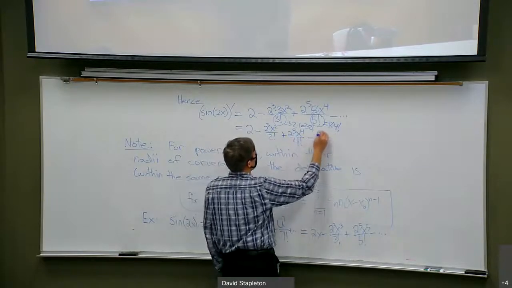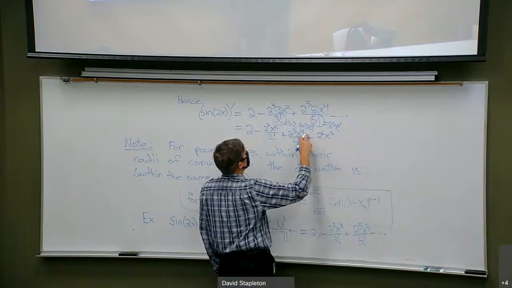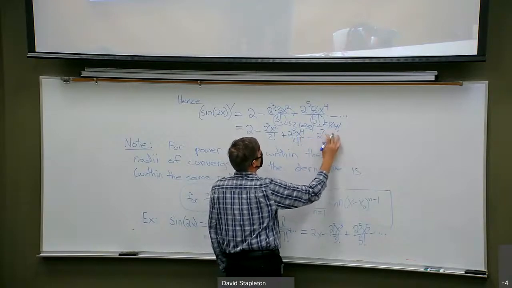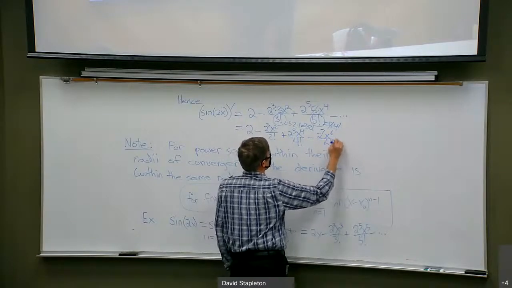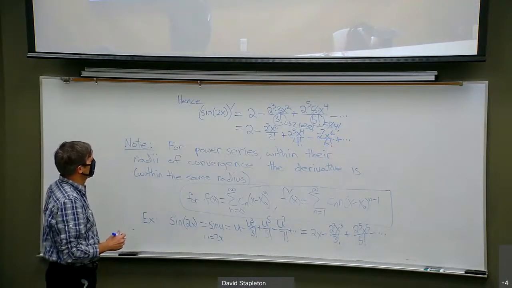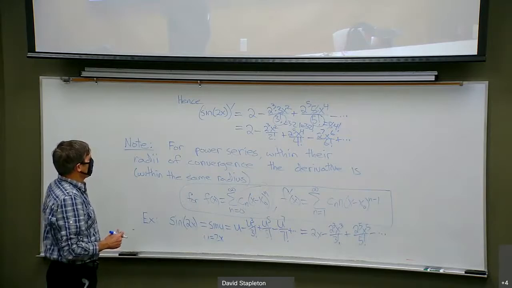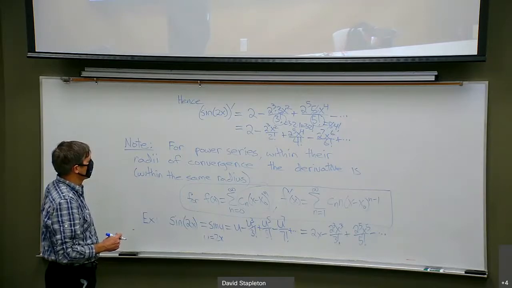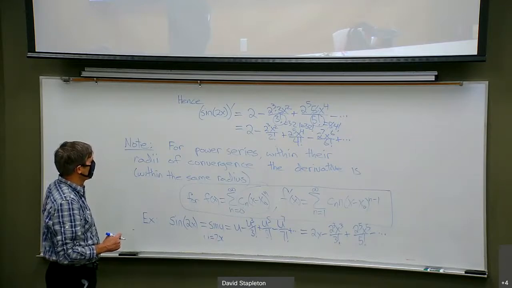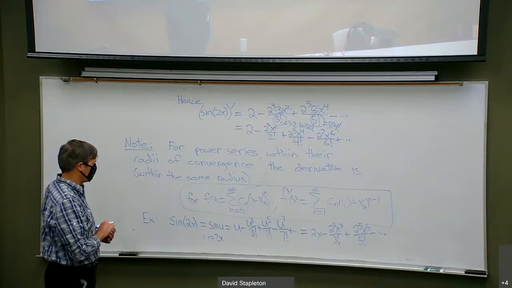And then minus 2 to the 7th x to the 6th over 6 factorial, and plus so on and so forth. I just take the derivative term by term like that.